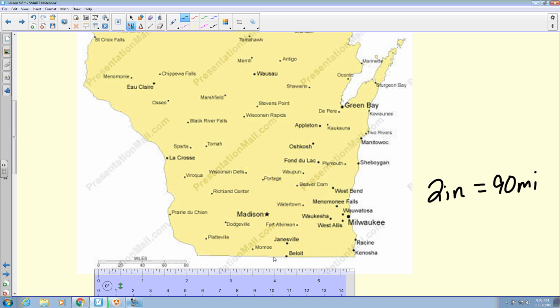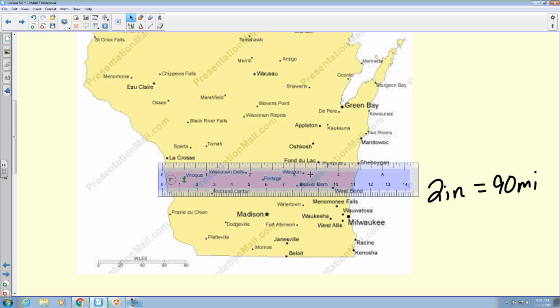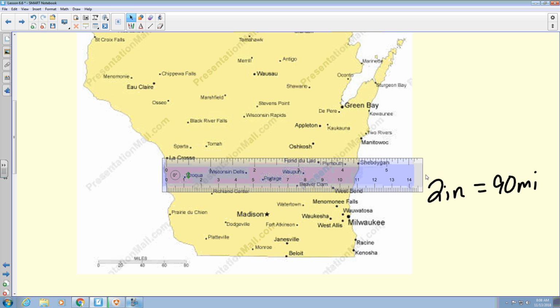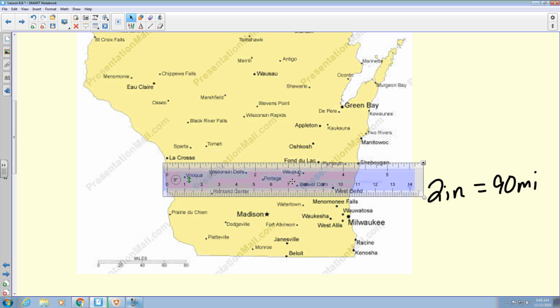If I plug this in and put this on any portion of the map, say I have La Crosse right there, La Crosse to Fond du Lac looks like it's almost 3.5 inches in measurement.